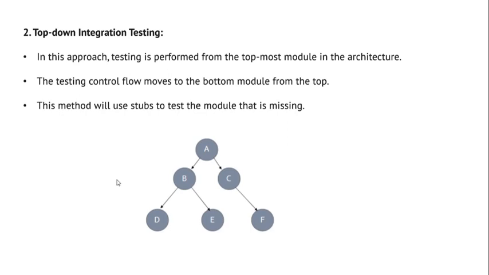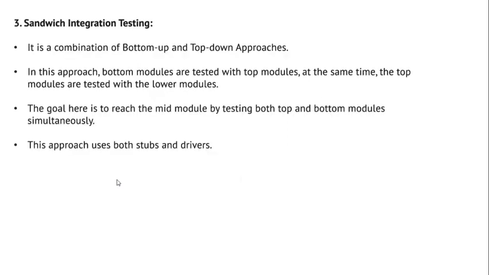And the last approach in incremental integration testing is sandwich integration testing. So this is a hybrid model. Basically, it is a combination of bottom up approach and top down approach. In this approach, bottom modules are tested with the top modules, and at the same time, the top modules are tested with the lower modules.